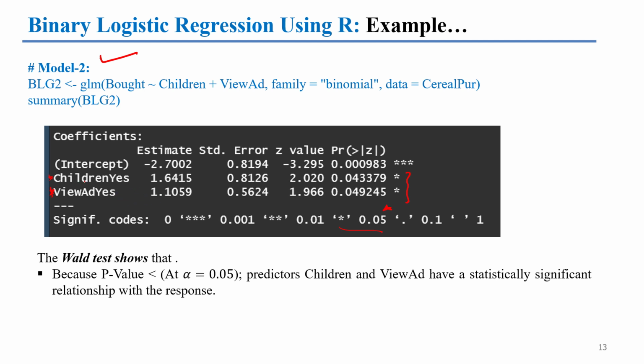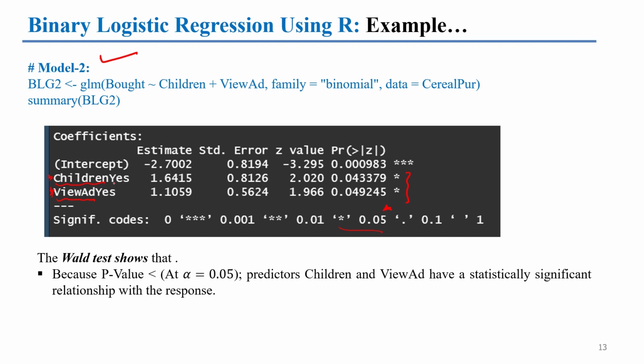So basically we are saying that the children variable as well as the view ad variable is significantly predicting, or affecting, the response variable, which is the bought variable.